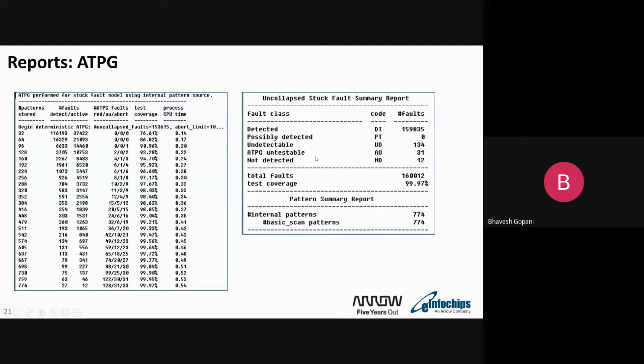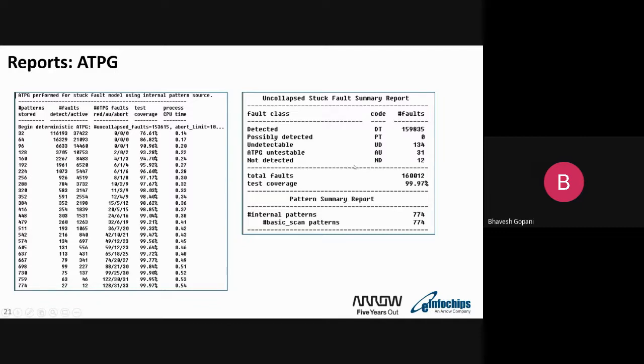Another category is ATPG untestable. As the name indicates, it is still testable, but due to some ATPG constraint or some condition, the tool is not able to detect those faults and does not generate the pattern accordingly. Here comes the issue of controllability and observability. Sometimes there is more combinational logic and very few flops or sequential elements in a design.